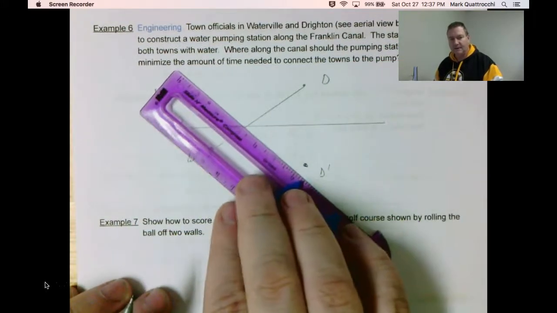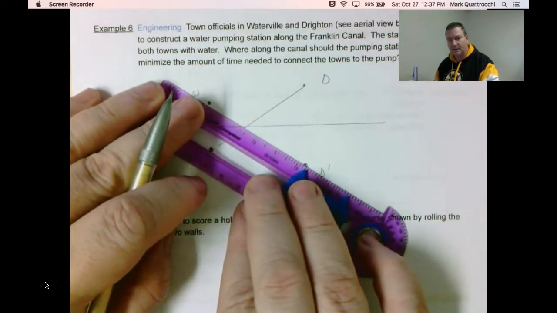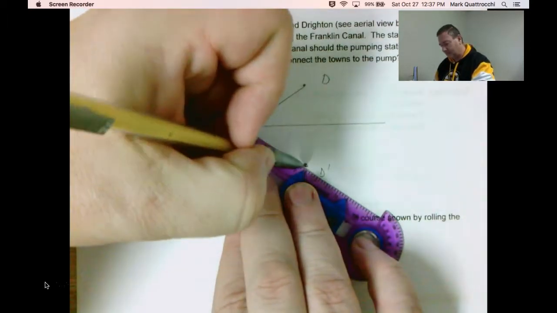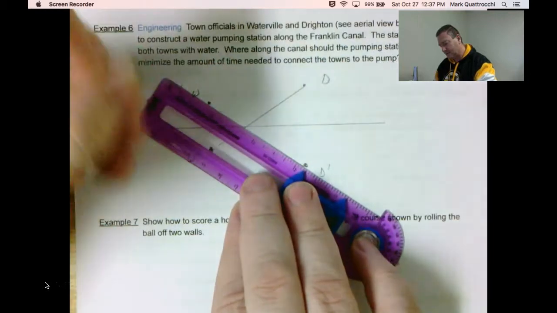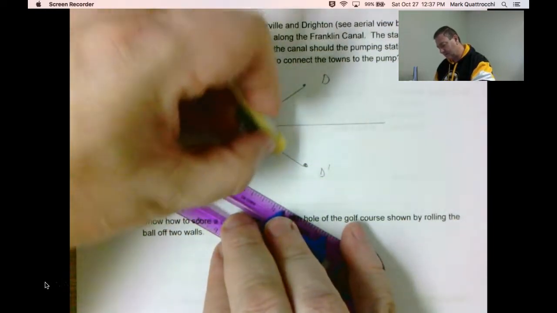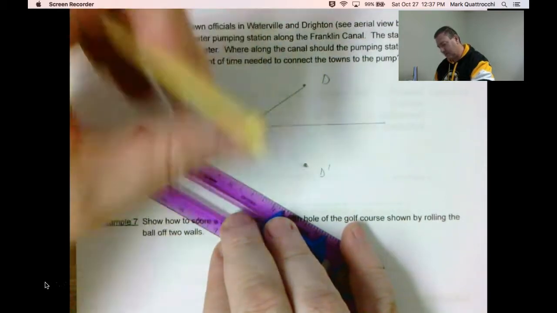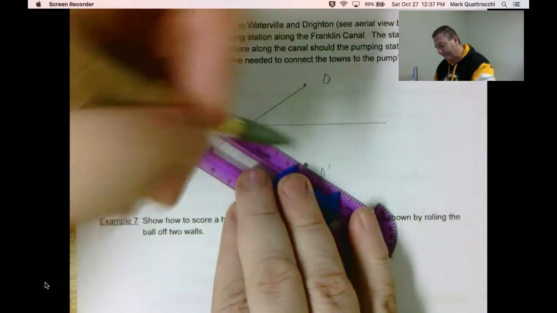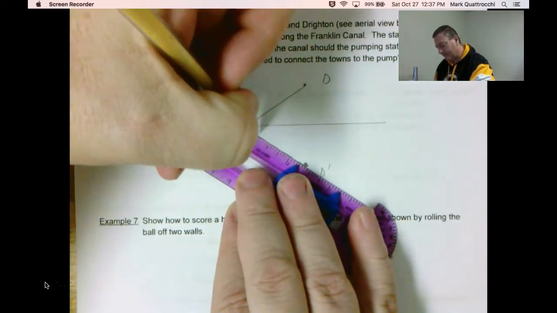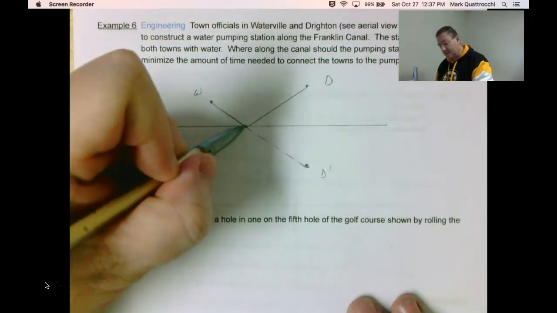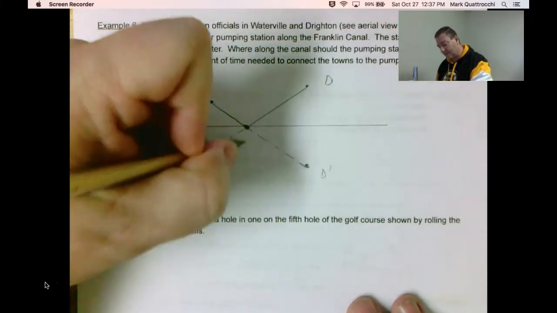Or if I connect W to D prime, still, shortest distance. That one dotted. So this is where our pumping station needs to go.